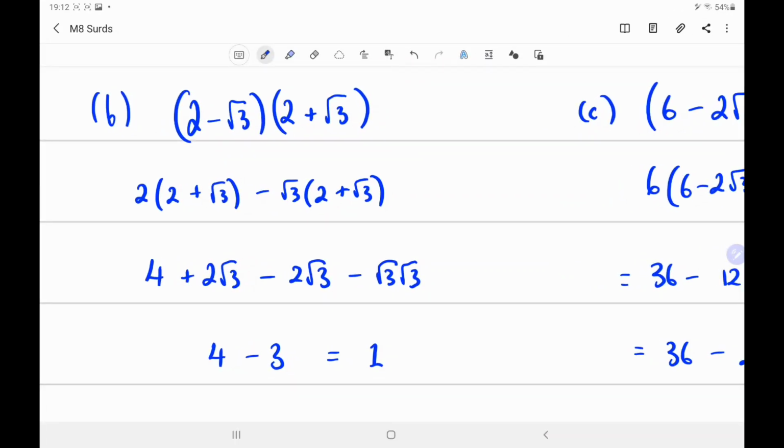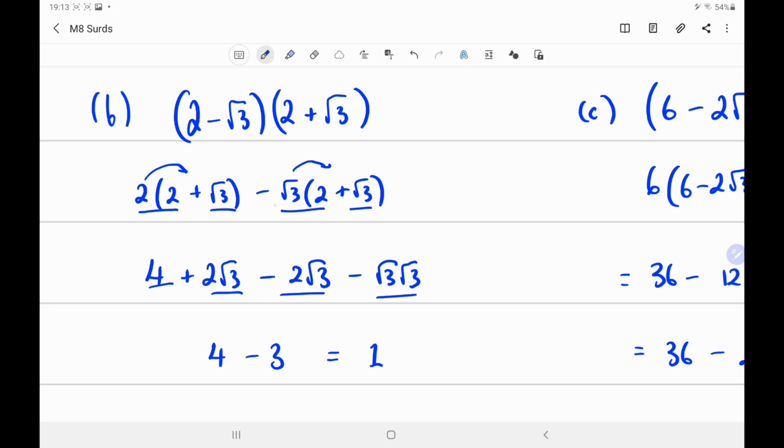So for part B, you have one bracket multiplied by another, 2 minus root 3 times 2 plus root 3. So I split the brackets, 2 times the first bracket, subtract root 3 times the second bracket, multiplying it all out. 2 2s are 4, 2 root 3 here, minus 2 root 3.